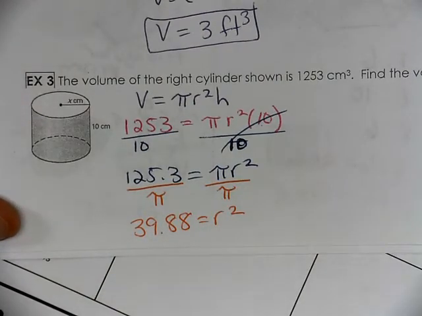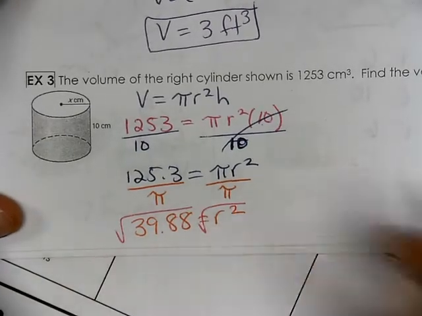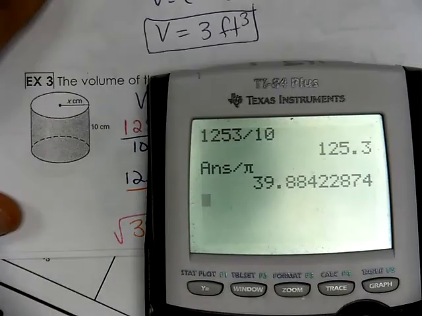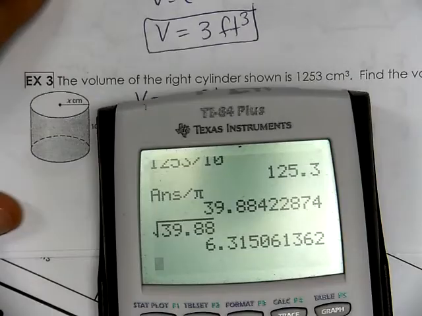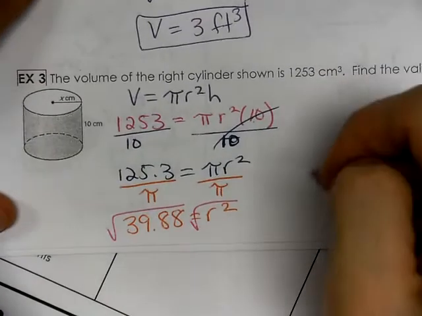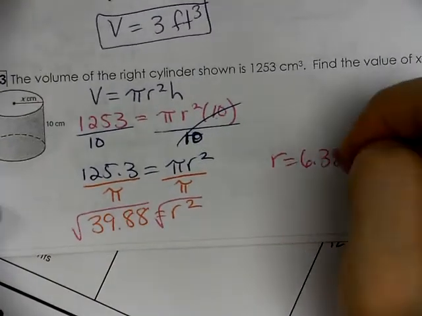And then my last step is to square root. Round to the nearest hundredth. 6.32. And your units here are going to be centimeters.